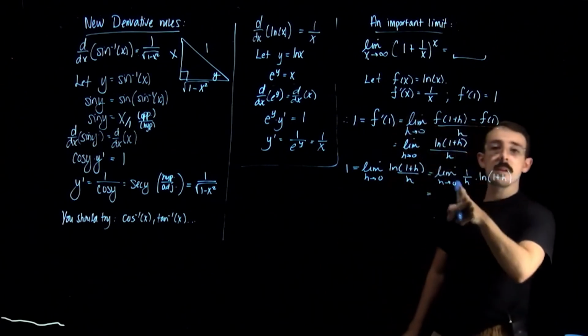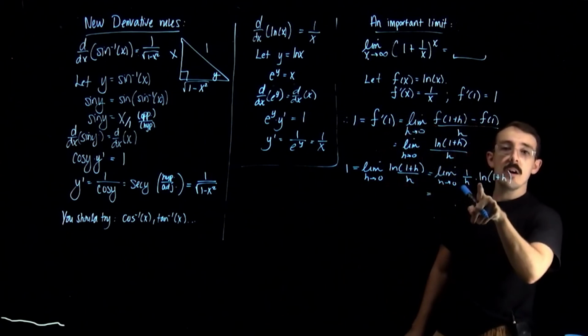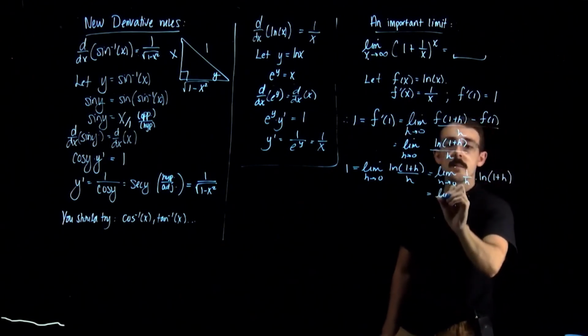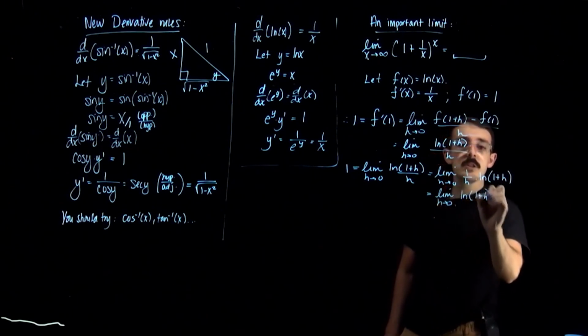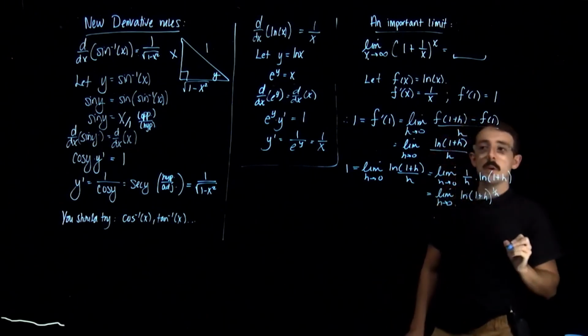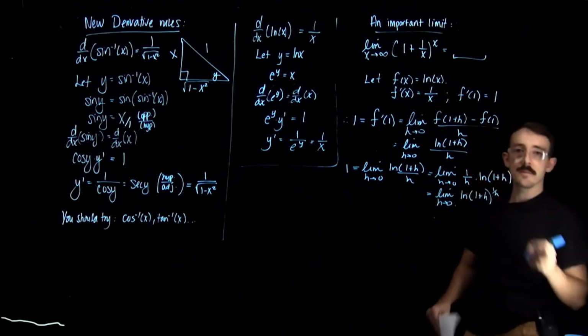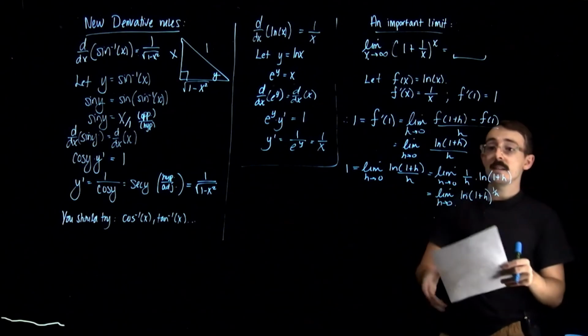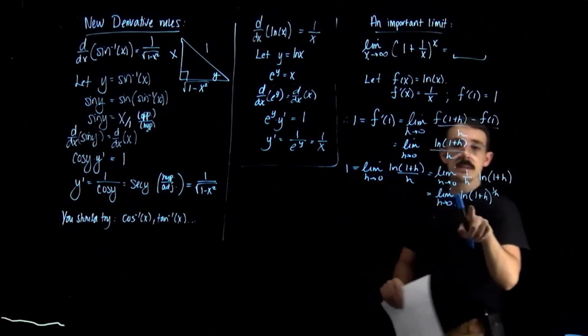What can you do with something in front of a log? The property is that you bring it up to the power. So this is the limit as h goes to 0 of ln of (1 plus h) to the 1 over h.